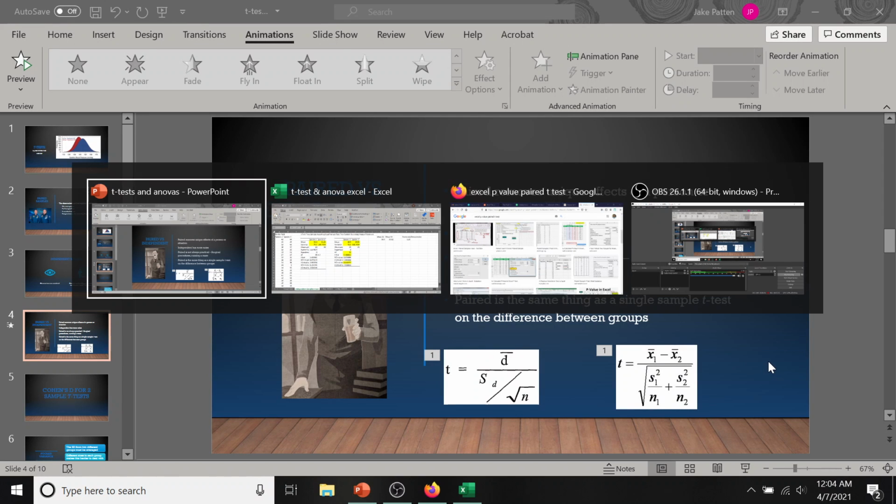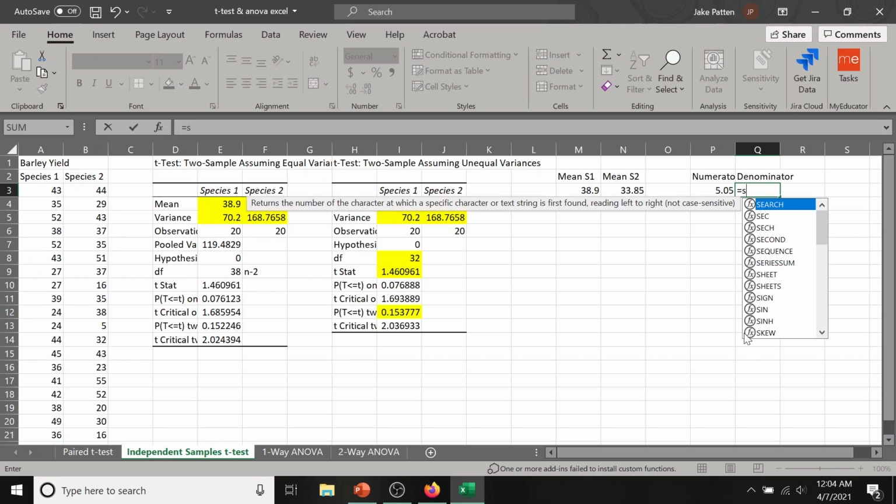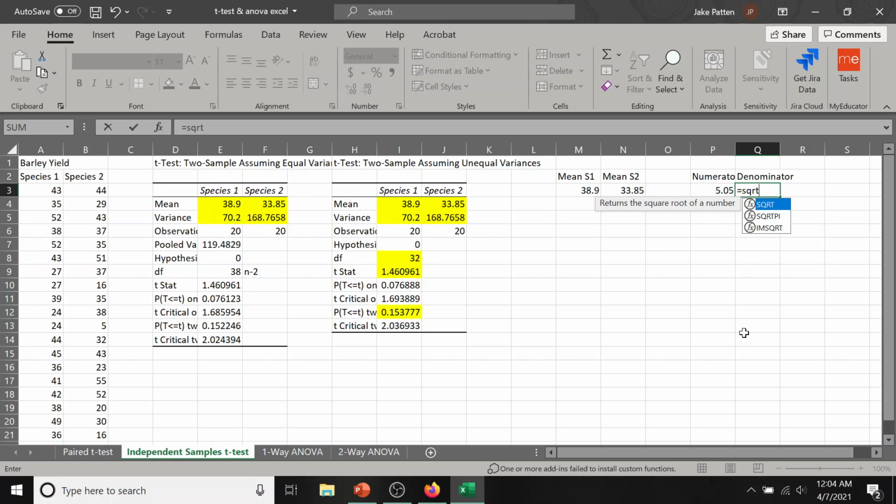I said that. You don't take the square root twice. Okay, so this is going to be kind of an involved phrase here. We're going to start with an equal sign. And then we're going to put in SQRT because the main overarching thing that we're doing is taking the square root of this entire phrase.